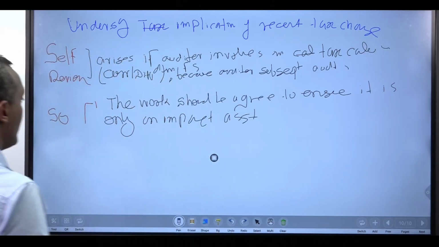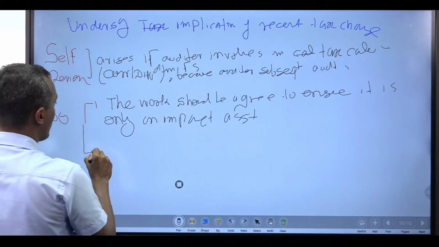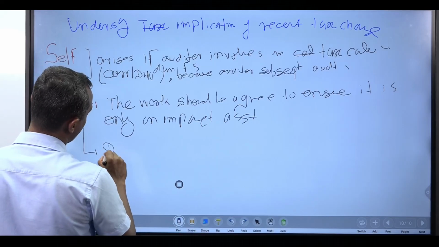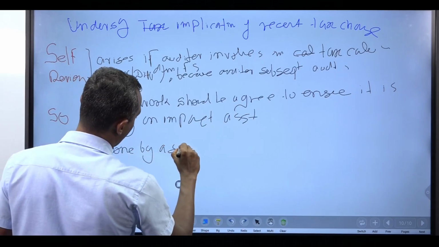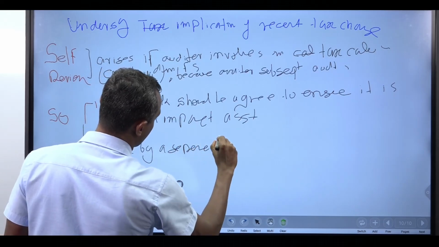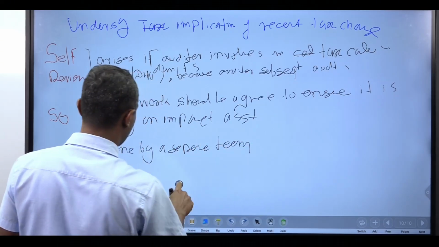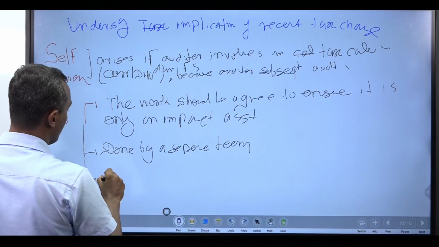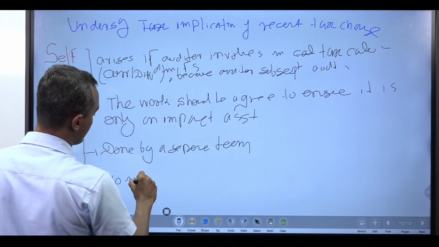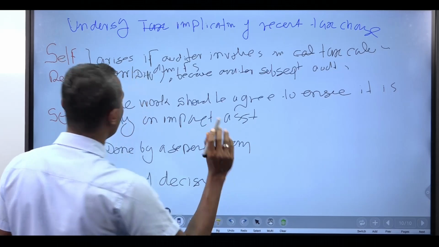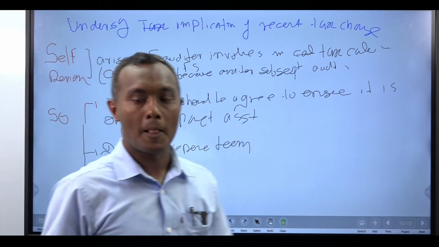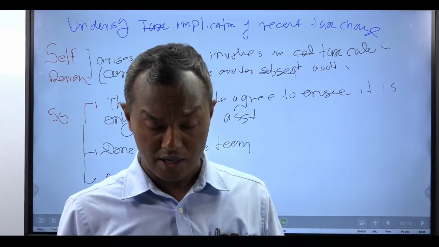So only that, and done by a separate team. Done by a separate team, that's the Chinese wall. And the last one is no management decision, or no decision on behalf of the management, right? Done. That finishes that segment of the question.